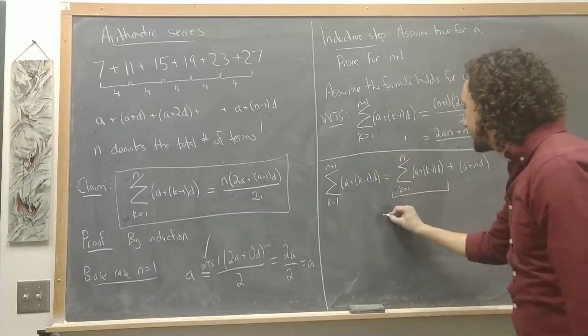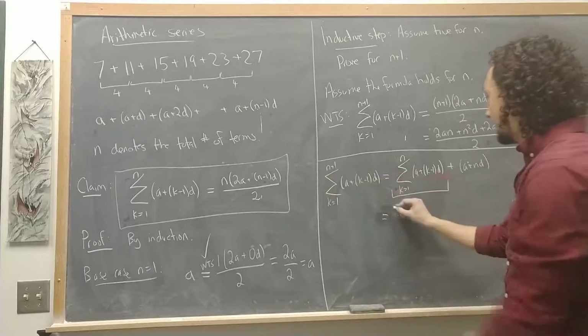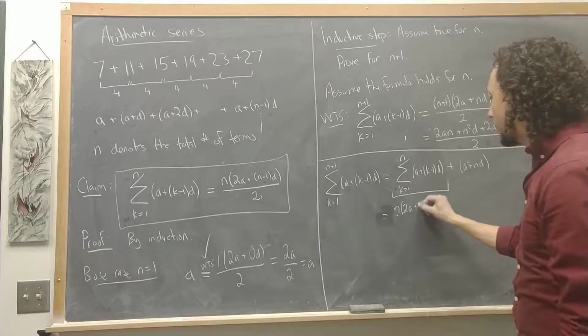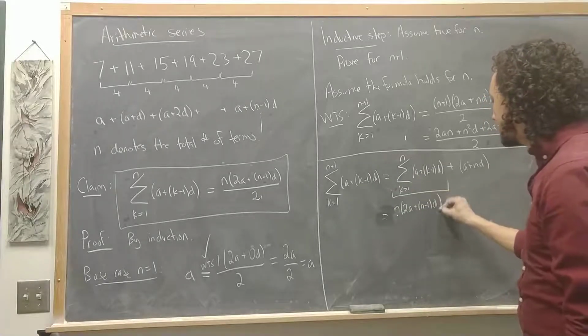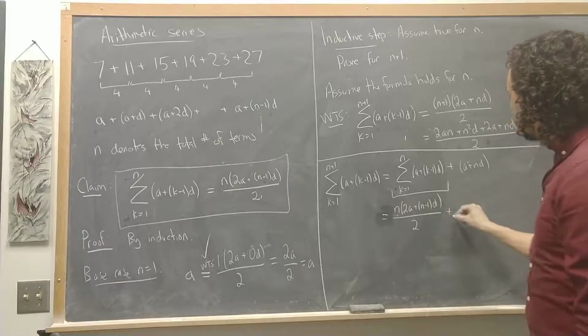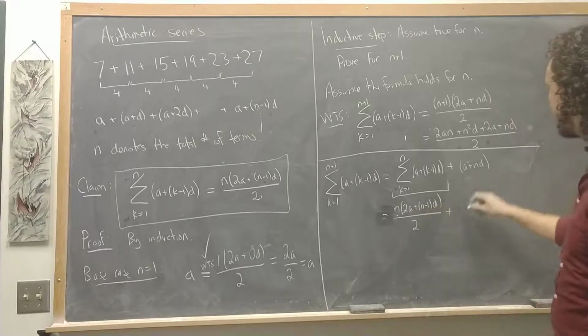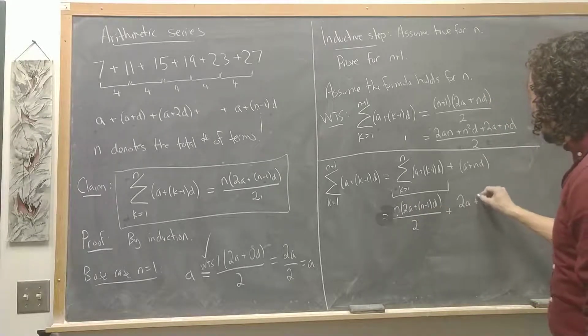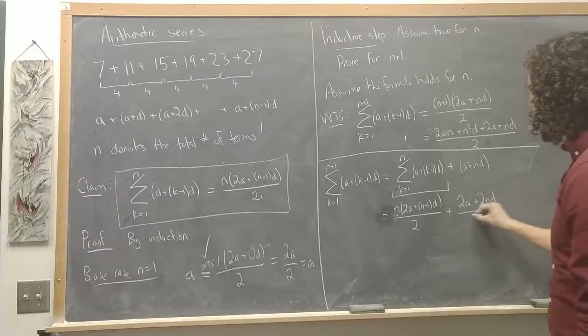That gives us n times (2a plus (n minus 1)d) over 2, plus, and since I'm going to add these, I'll make a common denominator, (2a plus 2nd) over 2.